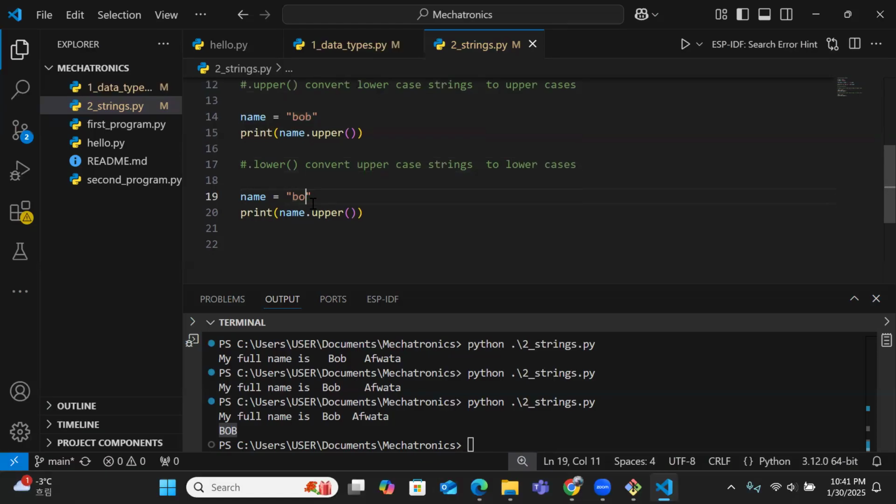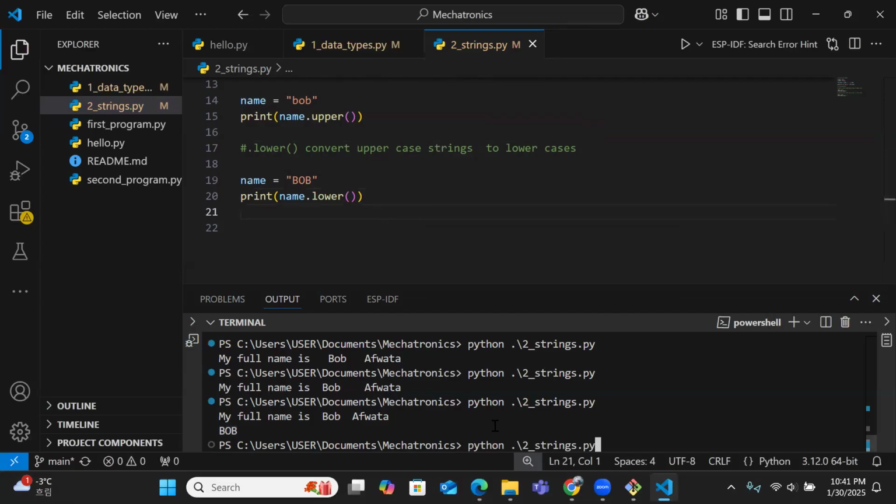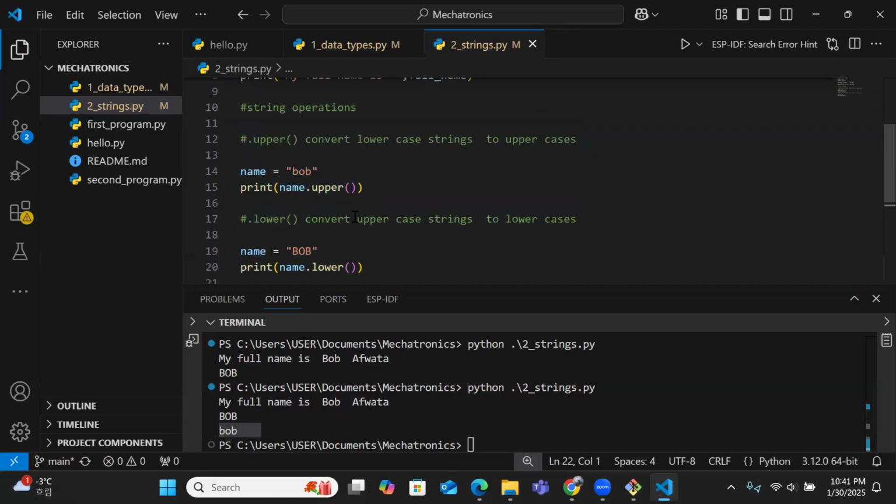If I have uppercase BOB and then I change here to lower, then you run it. See, it was BOB, uppercase, and now it becomes lowercase. Can you see that? Yes? So try printing those, to upper and to lower.